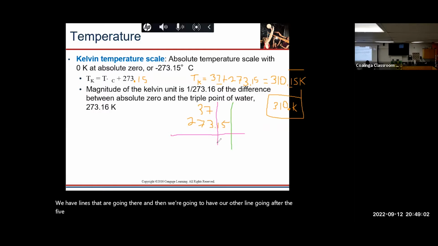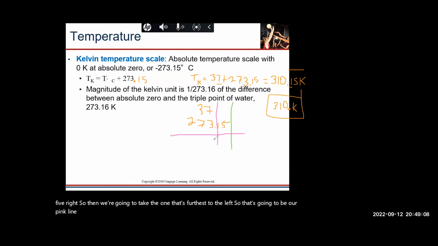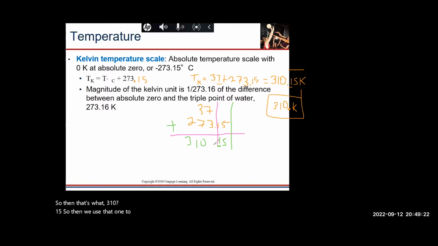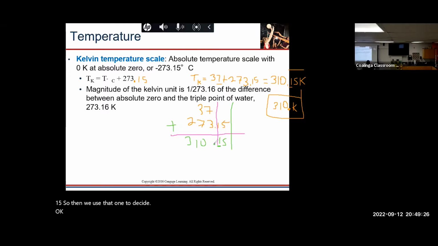So we take the one that's furthest to the left. That's going to be our pink line. Ah, I see it now. Yeah, the lines help. So that's 310.15. So then we use that 1 to decide. Okay. Questions, concerns?